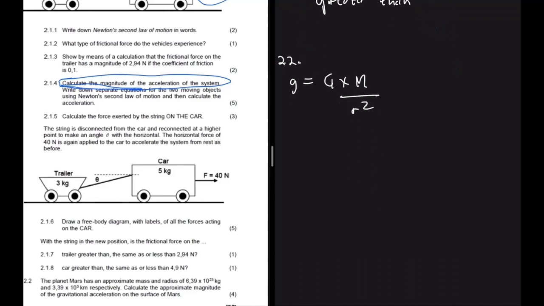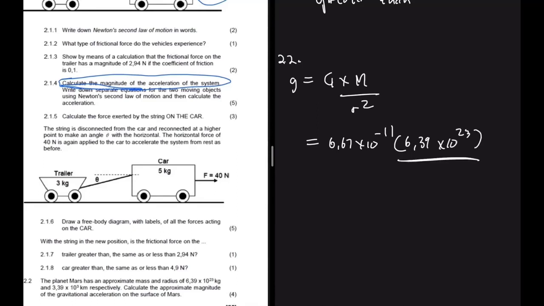So what is the value of this big G that I'm talking about, the gravitational constant? That is 6.67 times 10 to the power minus 11. And then the mass is given to us as 6.39 times 10 to the power 23 kg divided by the radius squared, which is 3.39 times 10 to the power 3 squared.